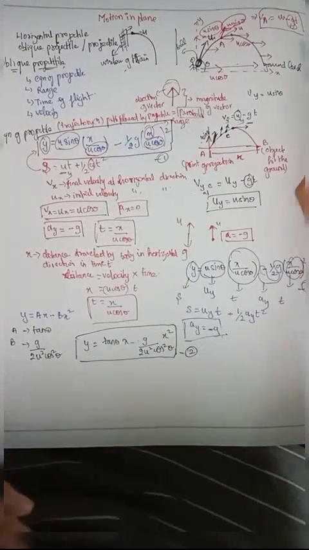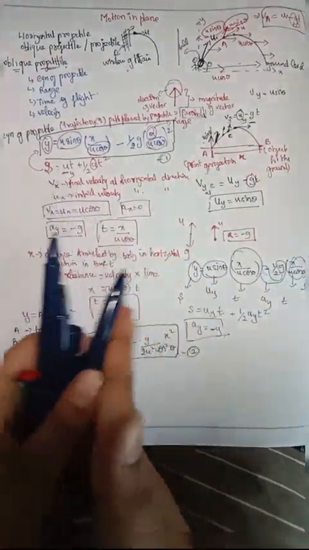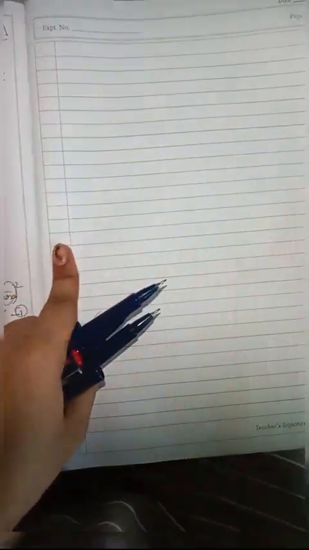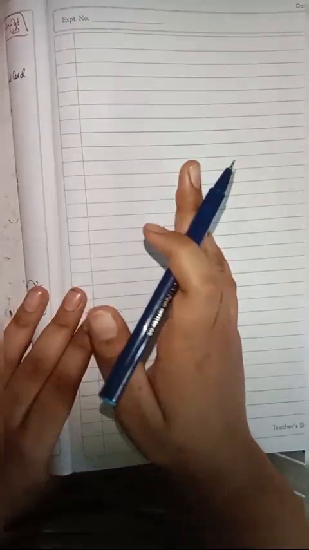Now we are going to see about range. Range is nothing but the horizontal distance between the point of projection and the point where the object reaches the ground.